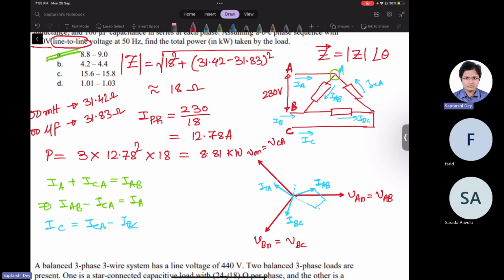So one will come here. And ICA minus IBC will come here.